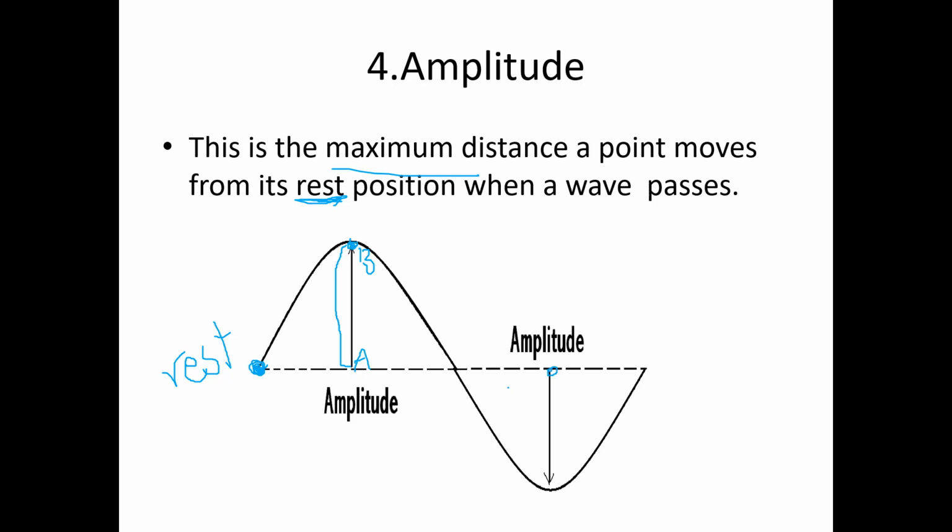So here is the starting point, and here is the ending point. So the distance from this point to this point, we call the amplitude. In the next questions or next slides, we will see how we can calculate it.